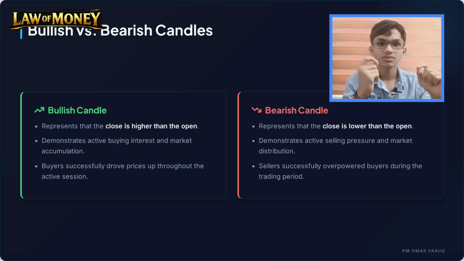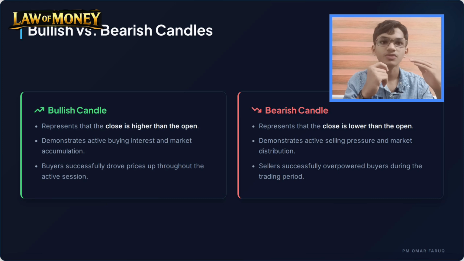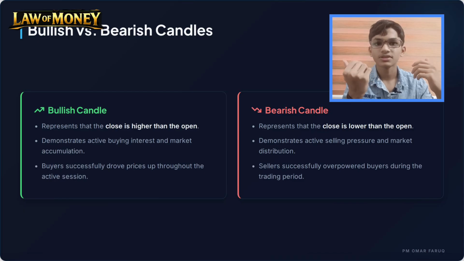But there is a major mistake beginners often make. They see green and immediately think buy, or see red and immediately think sell. That's not how it works. A green candle only tells us that price closed higher than it opened. A red candle only tells us that it closed lower. The real information comes from the candle size, its wicks, its location, the trend, support, resistance, and what happens afterwards.